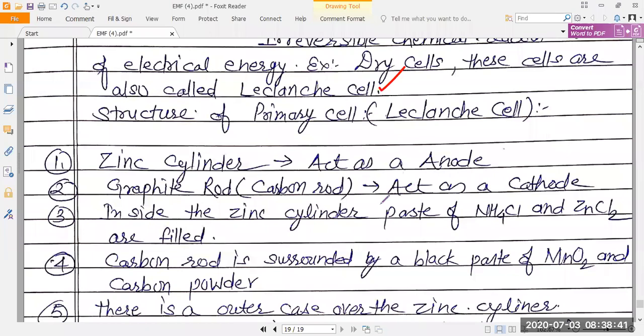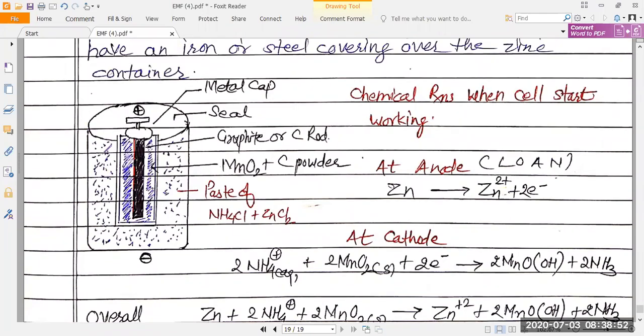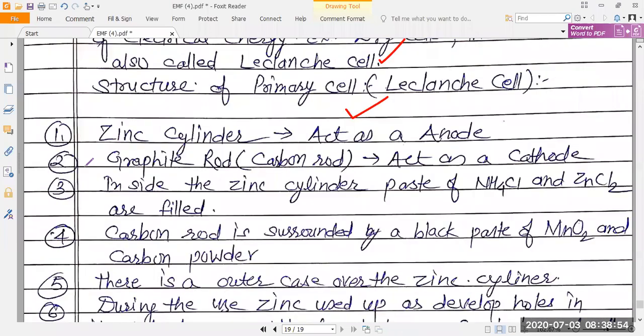So in a primary cell, a zinc cylinder is taken, and the zinc cylindrical container acts as the anode. See in this diagram. This is the zinc container, and this zinc container acts as the anodic part. And a graphite rod, maybe or maybe a carbon rod, acts as the cathode.